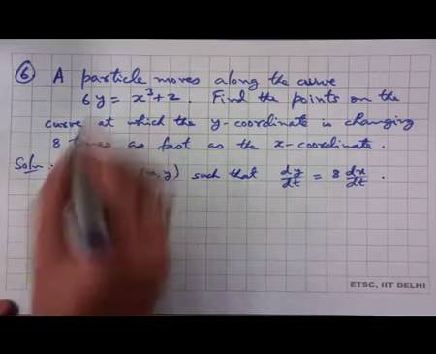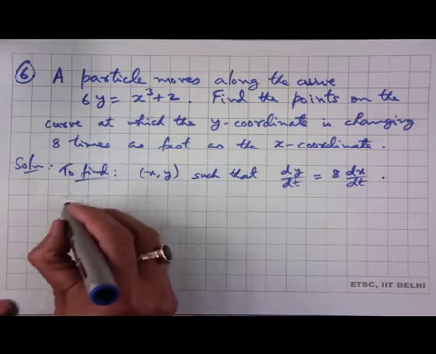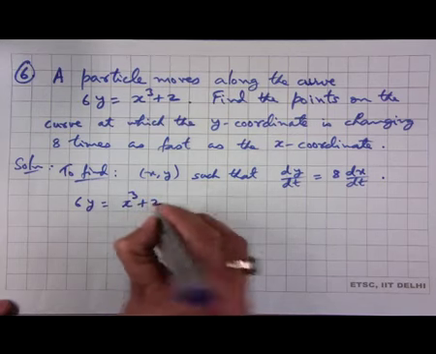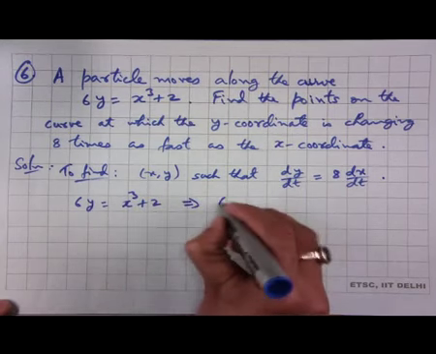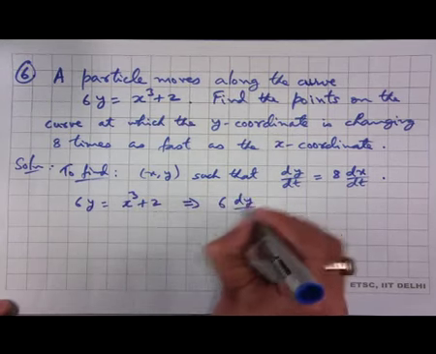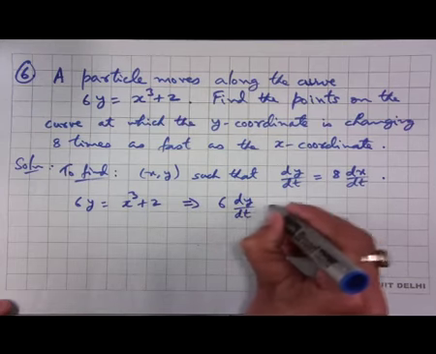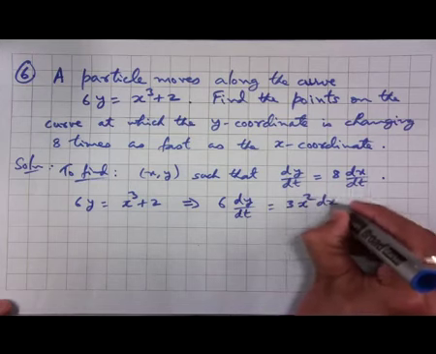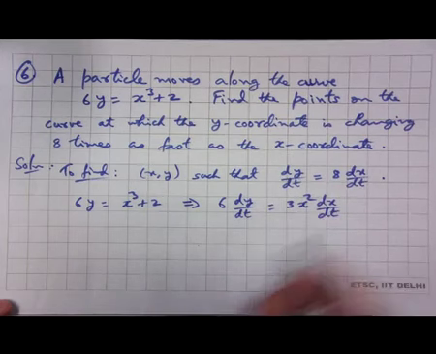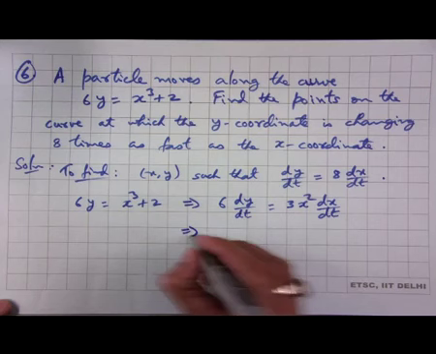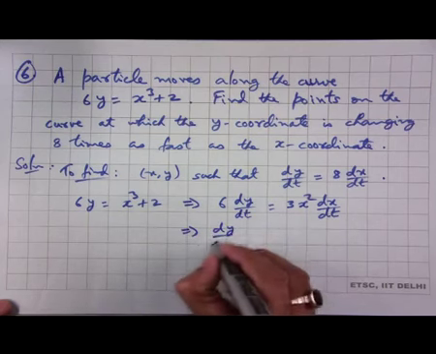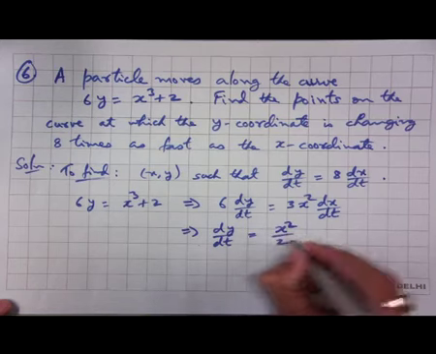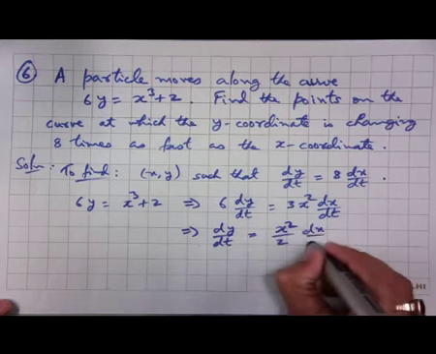So, from this equation 6y is equal to x cubed plus 2, this implies that 6 dy/dt is equal to 3x squared times dx/dt, which implies dy/dt is x squared by 2 times dx/dt.